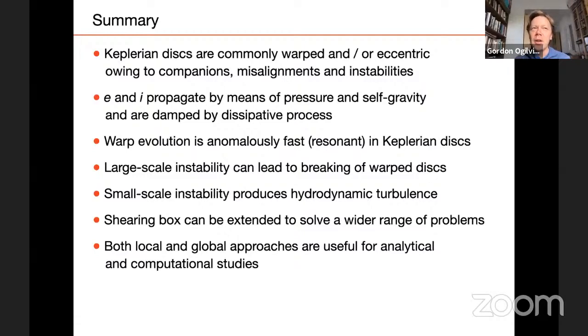I think that's an intriguing possibility, and as we develop models with better thermal physics, because frankly the thermal physics content of these models has been quite primitive so far, often dealing with isothermal or adiabatic fluids.